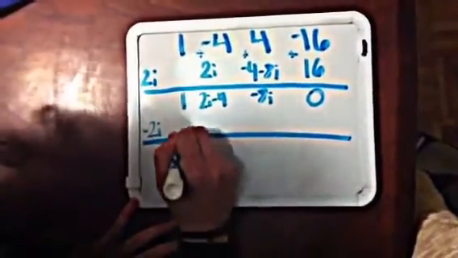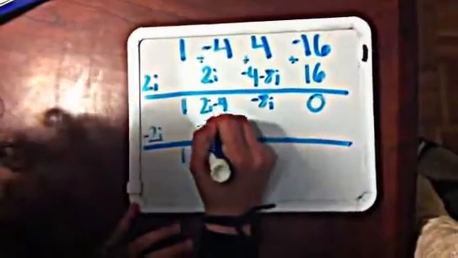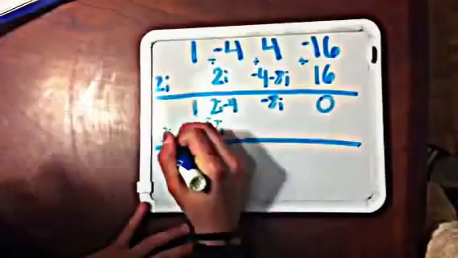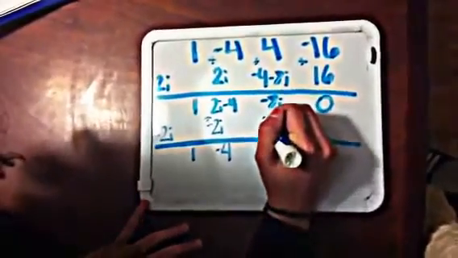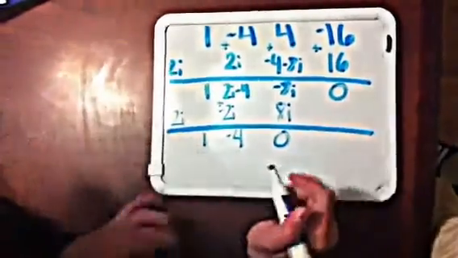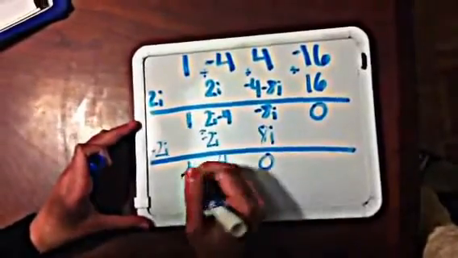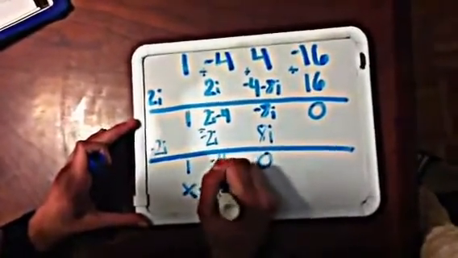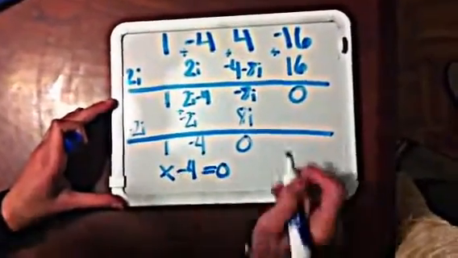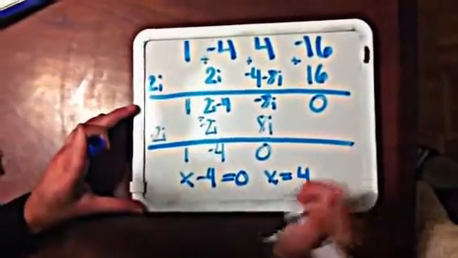So we drop the 1, we multiply 1 times -2i, and get -2i, add these together, get -4, multiply these two together, and get positive 8i, and then we get 0. That means that this is really x minus 4 is equal to 0. From here, we can solve for the final root, which would be x is equal to 4.